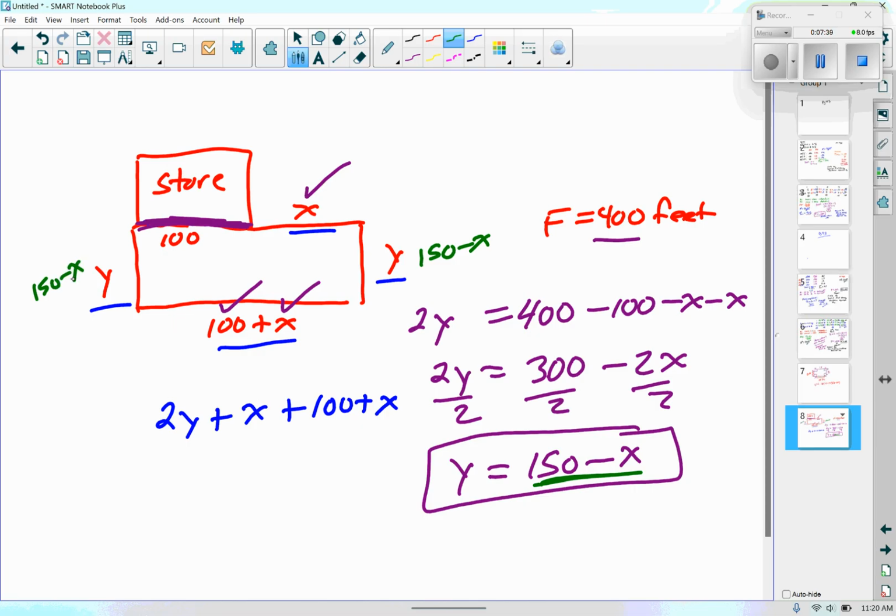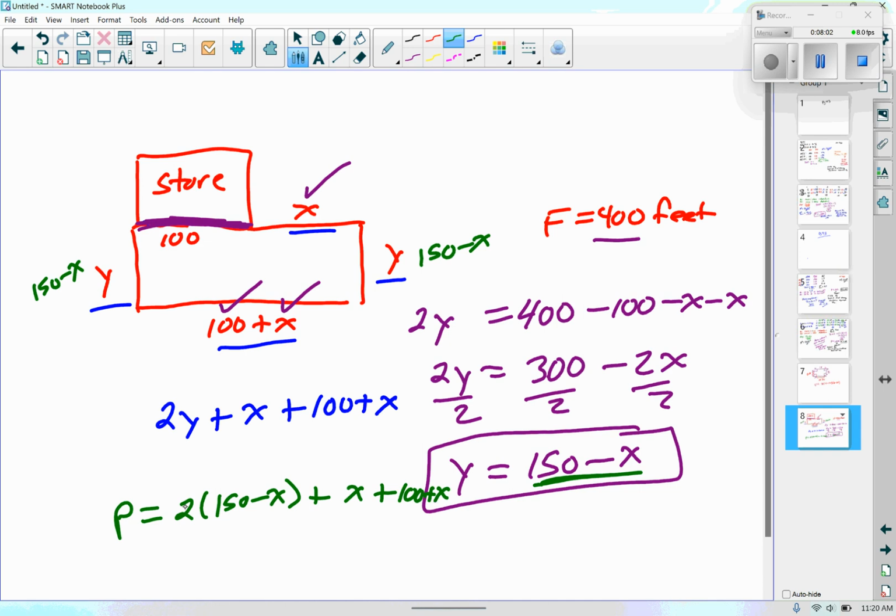And so if we wanted to figure out what the dimensions of the sides would be, I know that the perimeter of this, I have two 150 minus x's. I know that I have an x on top, and I have the 100 plus x on bottom.